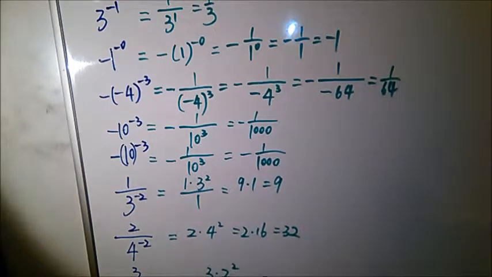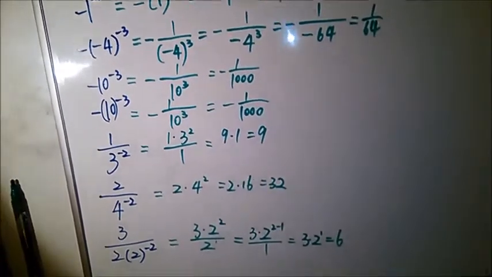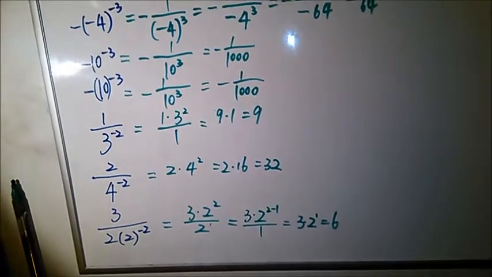Go with the one with the greater power. So we have 3 times 2 to the power of 2 minus 1, right? And 2 minus 1 is 1, so 3 times 2 to the power of 1, or 3 times 2, which is 6. Right. That's your answer there.